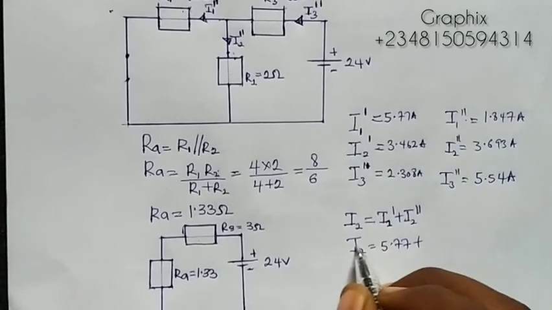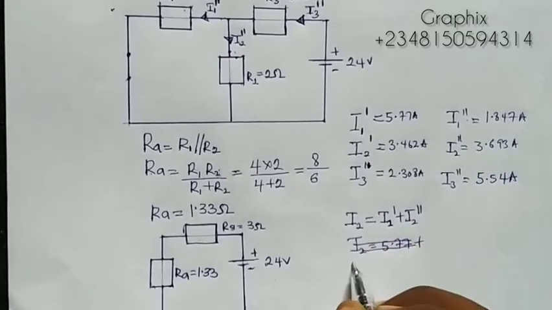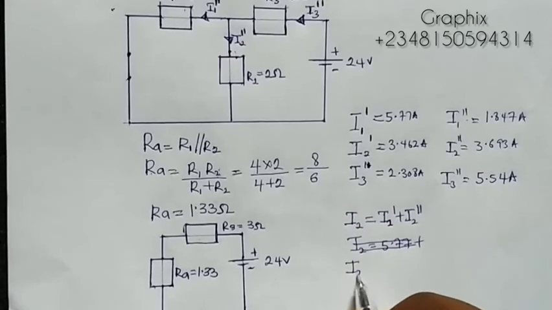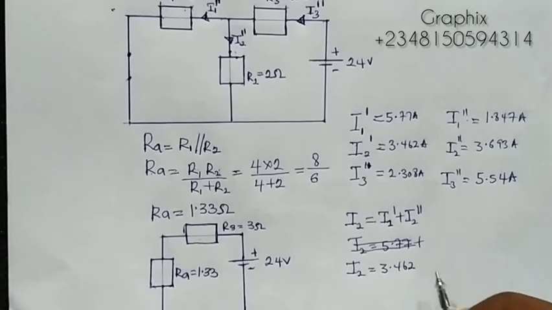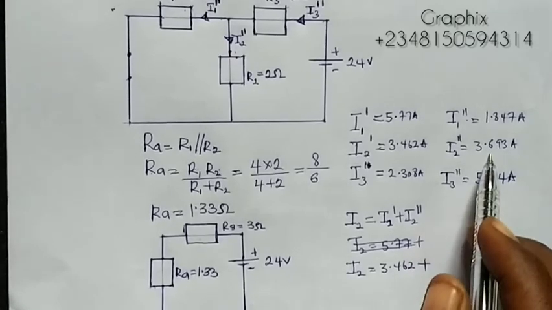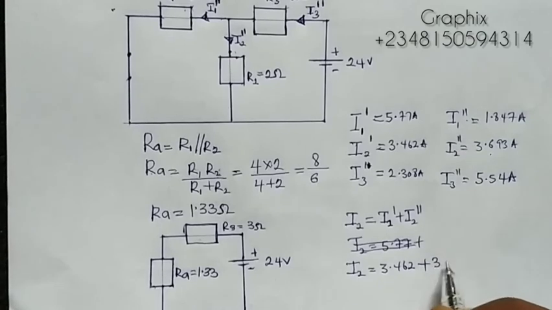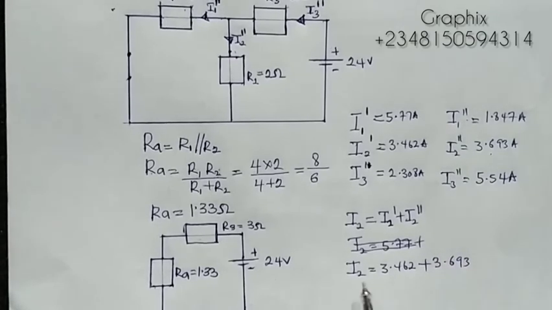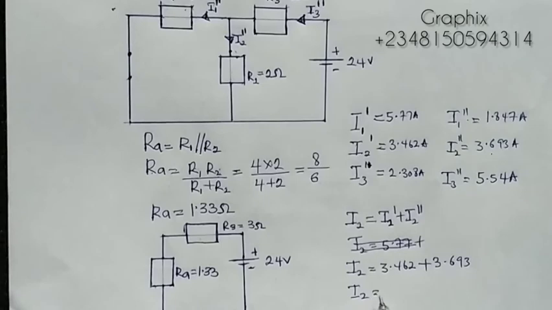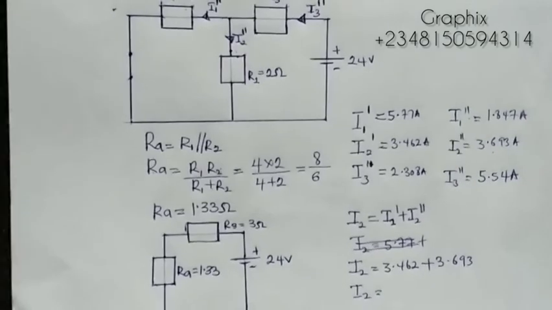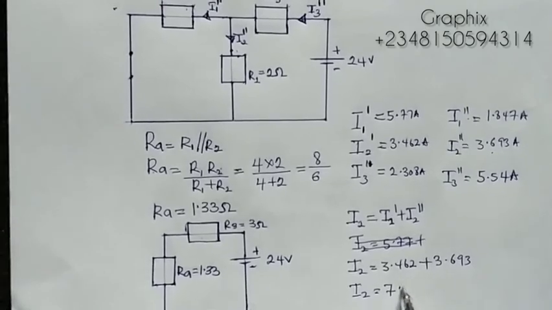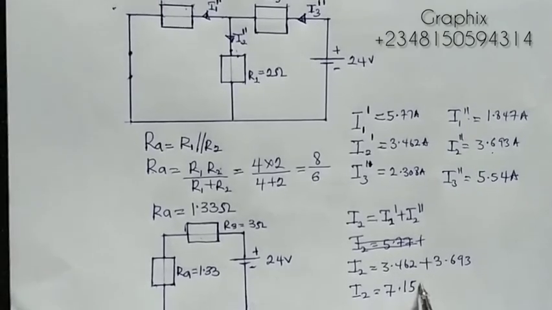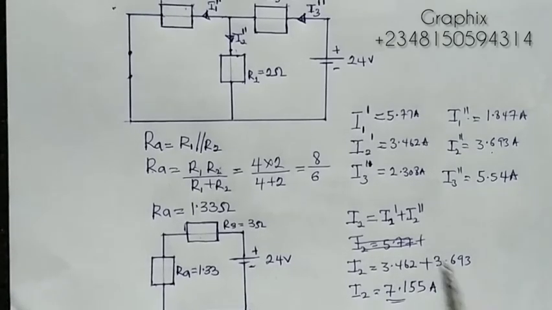So let me remove this. My I2 will be equal to 3.462 plus I2 prime, which is 3.693. So the current I2 will now be equal to 7.155. That is the current that is flowing through the R2 ohms.